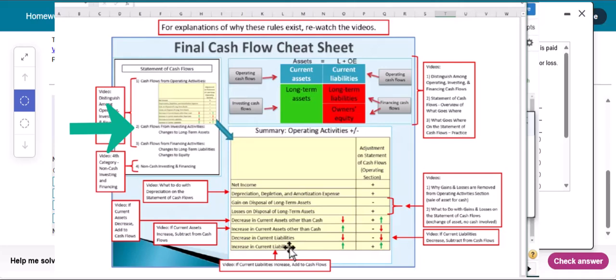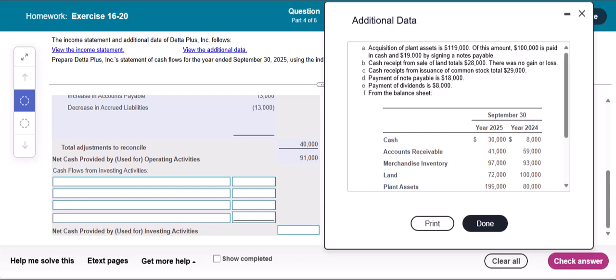If there is a change to a long-term asset that did not involve cash, it would go into the last section, the non-cash investing and financing activities section. And here's another way to look at it. Investing cash flows happen when there's changes to long-term assets. So what we're going to do is figure out if they affected the cash for the investing activity section. And then after that, the financing section.